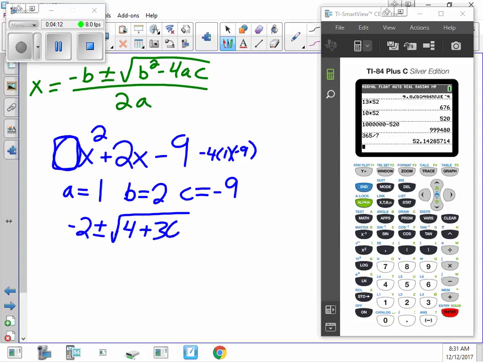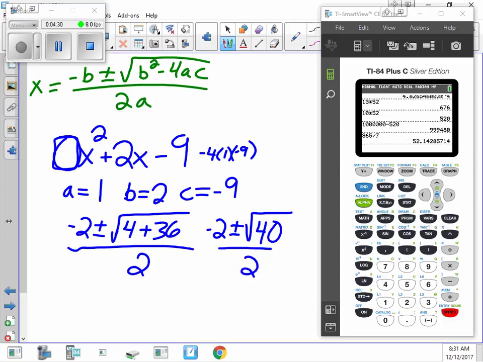So plus 36 over 2. Now what should I do? I add the 4 and the 36 together, and I get 40. Negative 2 plus or minus the square root of 40 over 2.